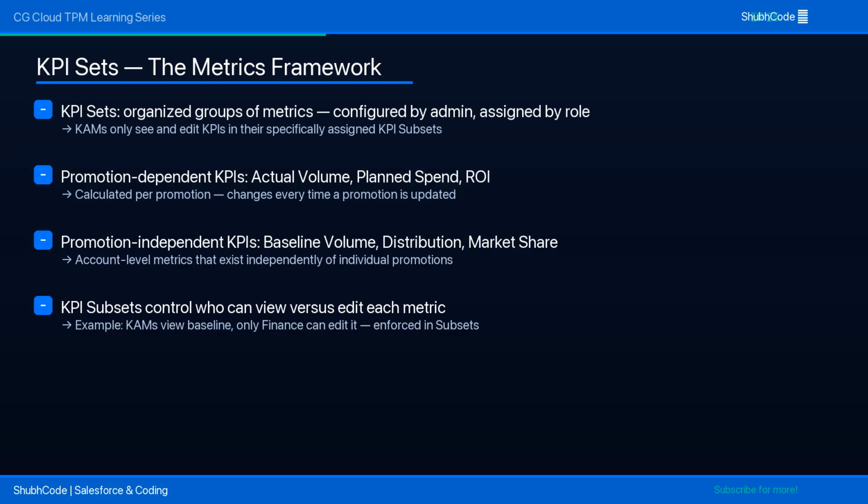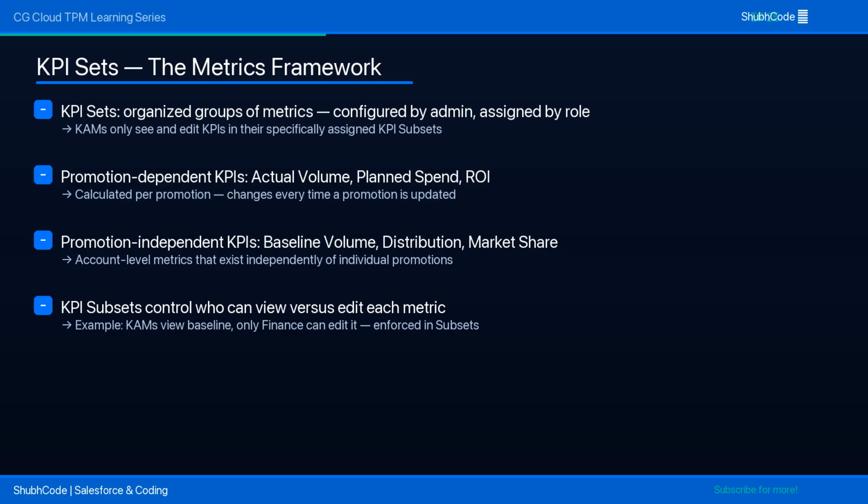To understand PEA, you need to understand KPI sets. In CG Cloud, KPIs aren't just random fields on a promotion. They're organized into KPI sets, groups of related metrics configured by an admin and assigned to specific roles. There are two kinds of KPI sets you must have. First, promotion-dependent KPIs.